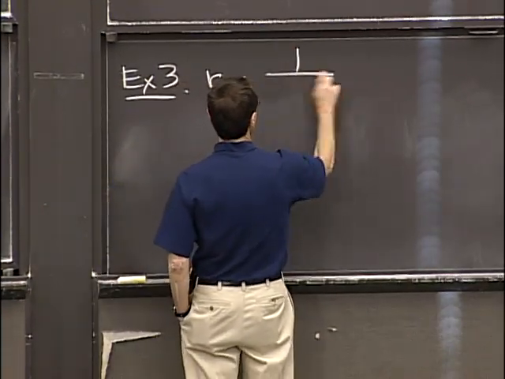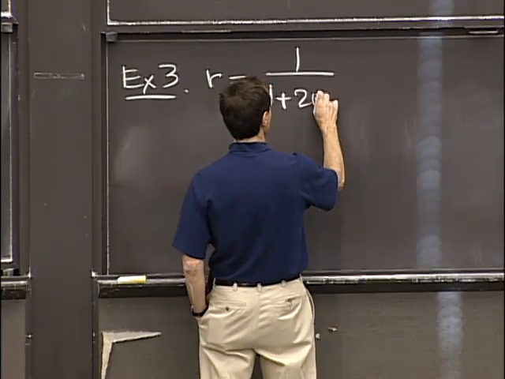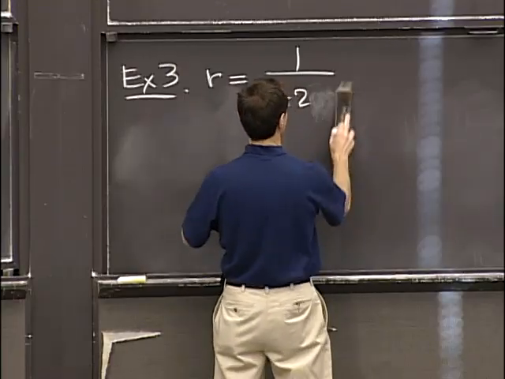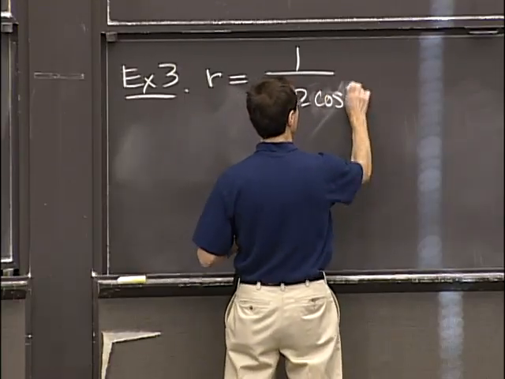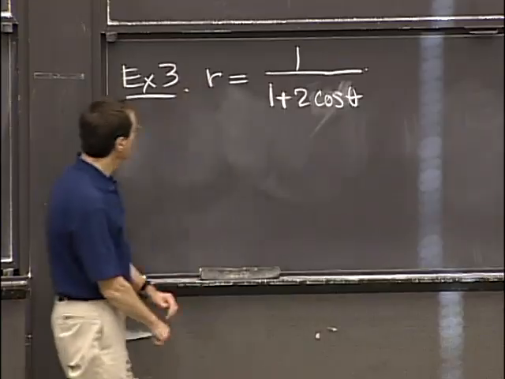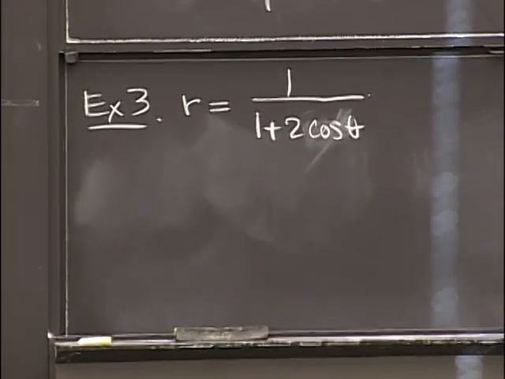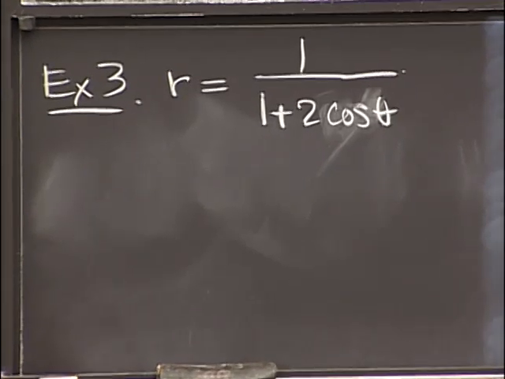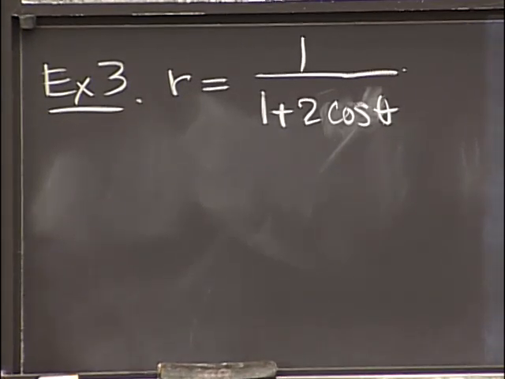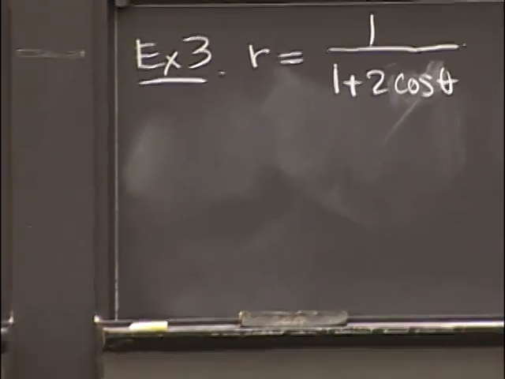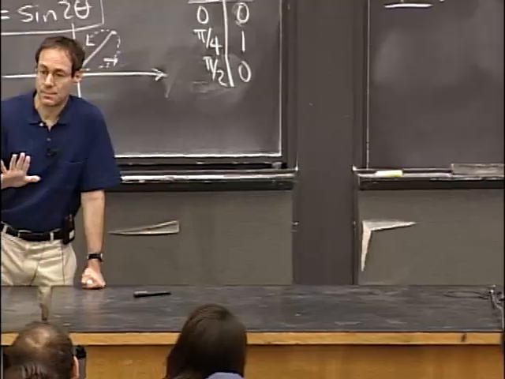We're going to discuss what happens with this function here. Sorry, that's not legible, is it? That's a cosine. r = 1/(1 + 2 cos θ). Now, the first thing I want to do is just take our time a little bit and plot a few points.